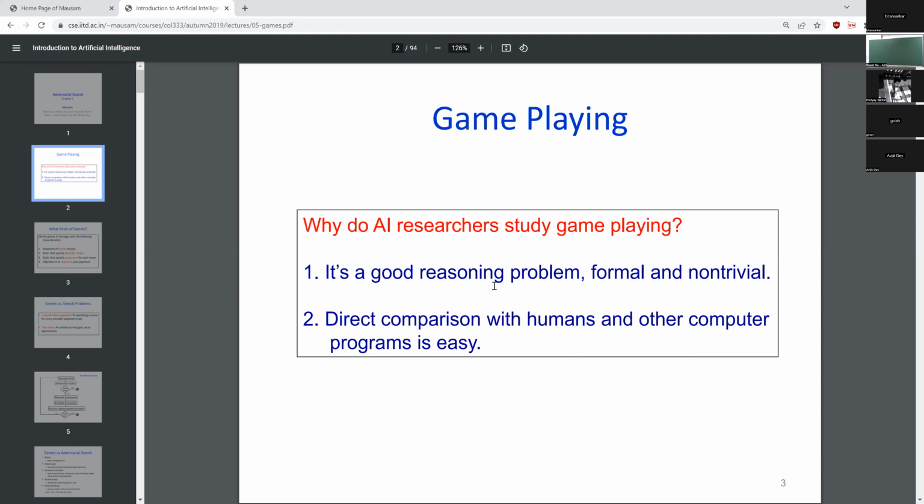Your computer could be one of the players, and the opponent will be another agent, right? So I assume you have your computer playing a game of chess, and the goal you would like your AI agent to achieve is to select a sequence of moves such that you defeat your opponent, right?